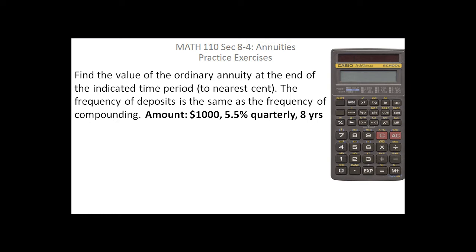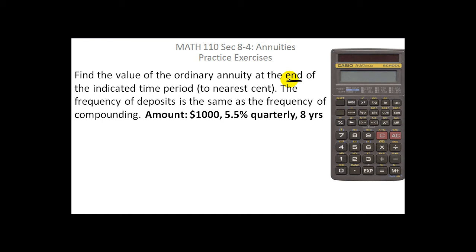Now, they're saying this sort of to emphasize what an ordinary annuity really is. That's the only kind of annuity we're dealing with, so I don't know that that's that much to think about as you're working the problem. But when they say at the end of the time period, that's the way ordinary annuities work.